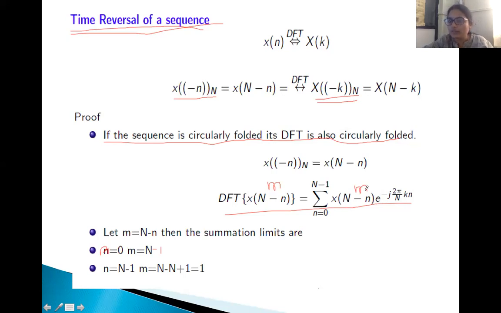If I replace N minus n with the new variable, the index of the summation is also going to change, because we have changed the index from N minus n to m. So N minus n is substituted by m.